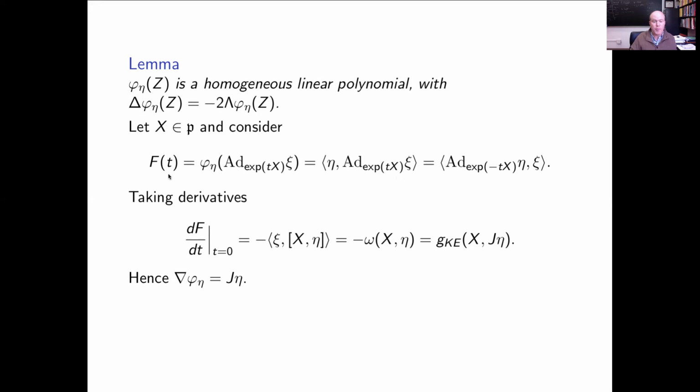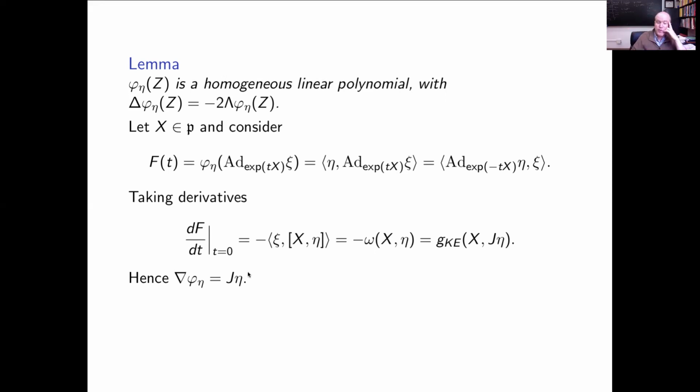And now you should see where I'm going with this. When you differentiate the adjoint map, you get the ad map here. And this is exactly the symplectic form, as I explained on the last slide. So it's minus the symplectic form, but the symplectic form on a Kähler manifold is given by taking the Kähler metric and putting J into the second slot.